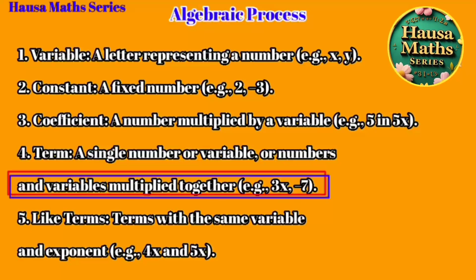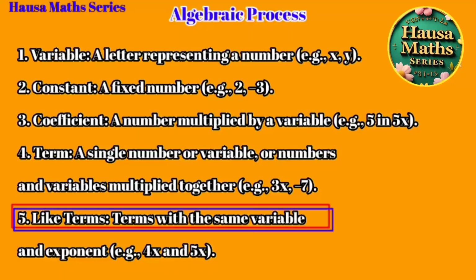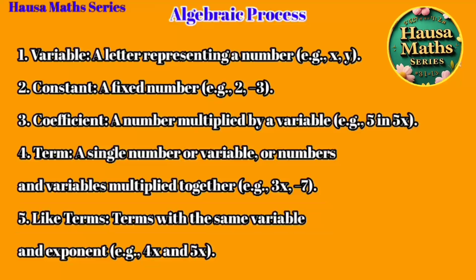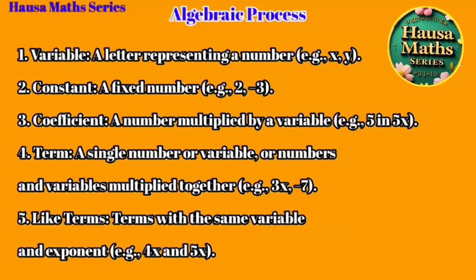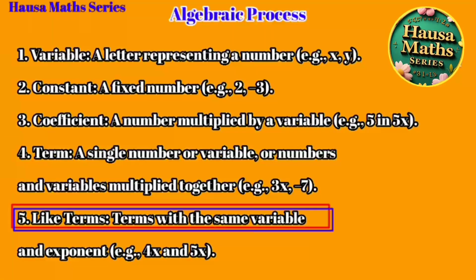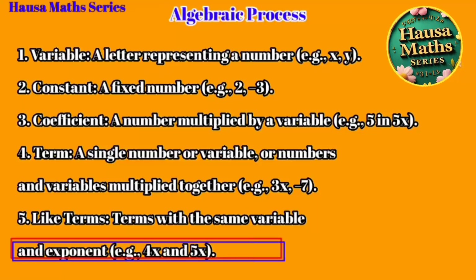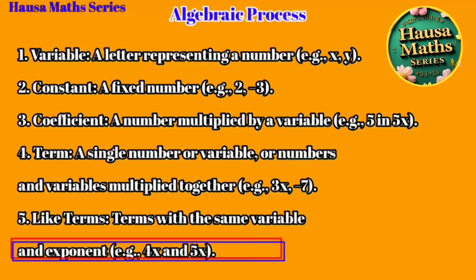Number five, like terms. So what are like terms? They are terms with the same variable, or the same constant number, or the same unknown variable, or they can have an exponent, meaning a power, e.g. 4x and 5x.